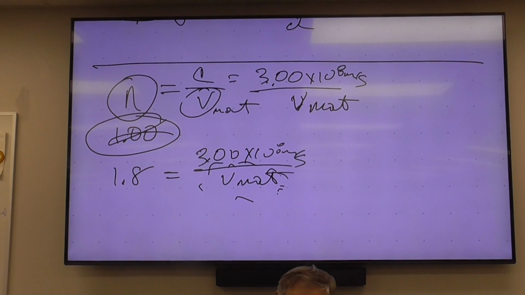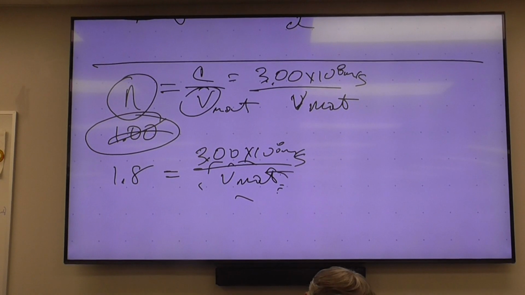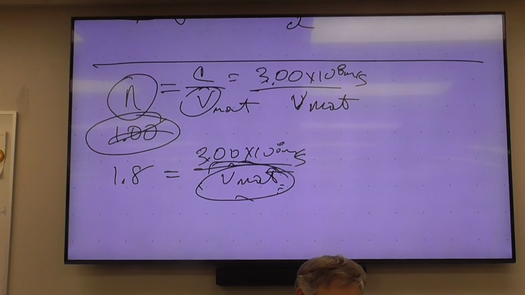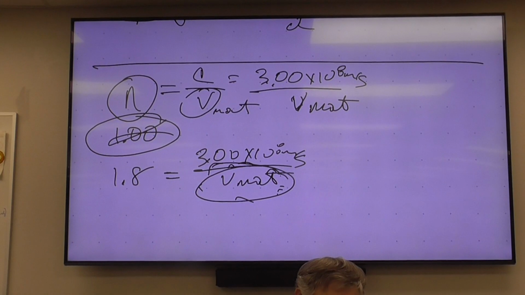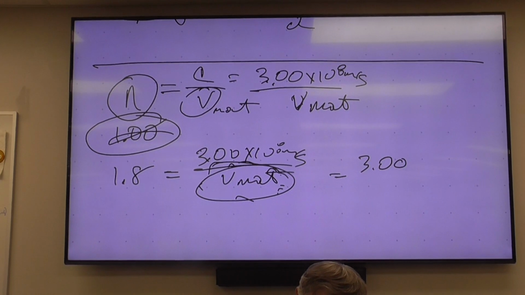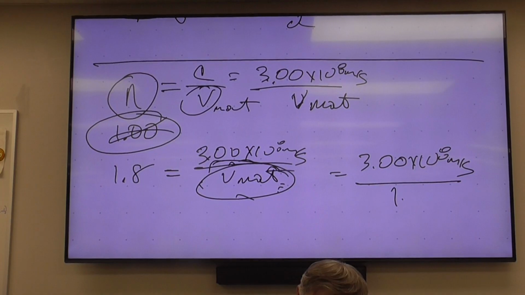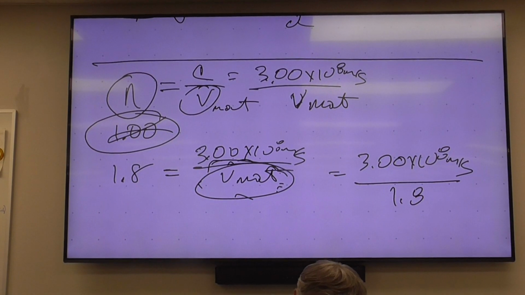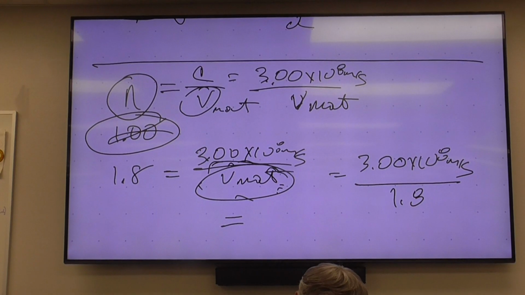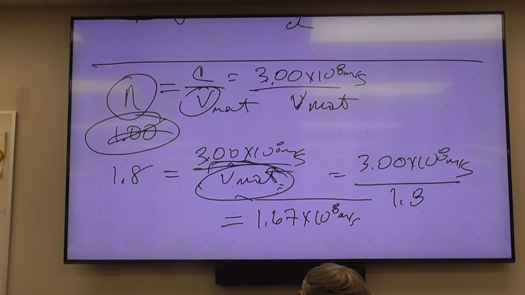It's like the ultimate speed limit. So how are you going to get this by itself? Charles. Multiply it to the other side and divide by 1.8. So somebody take 3.00 times 10 to the 8th meters per second and divide that by 1.8, which has no units because it's just an index. 1.67 times 10 to the 8 meters per second.